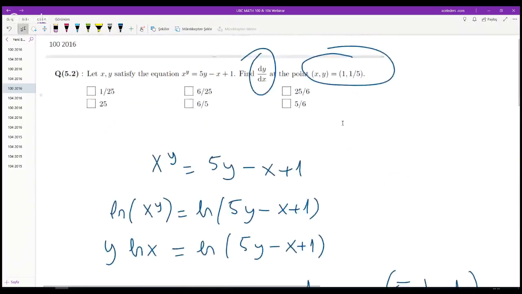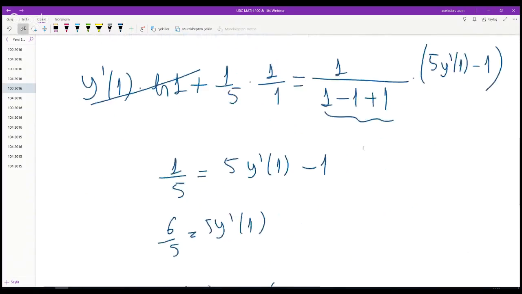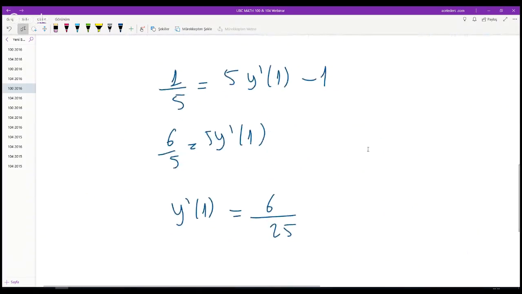Let's see. Yes. Okay. Is that clear? Please write me if that's clear, because I just need the derivative at that point. So therefore, I just replaced the values and I found the derivative.